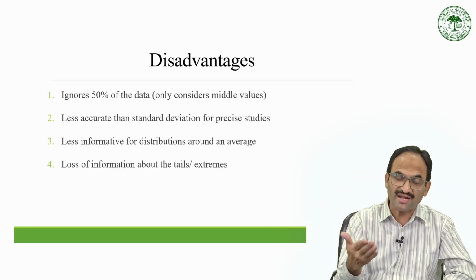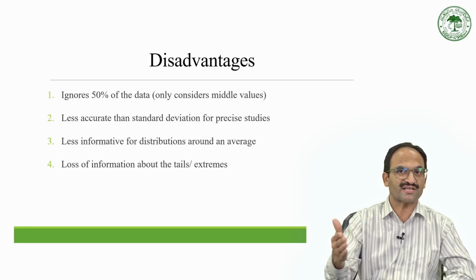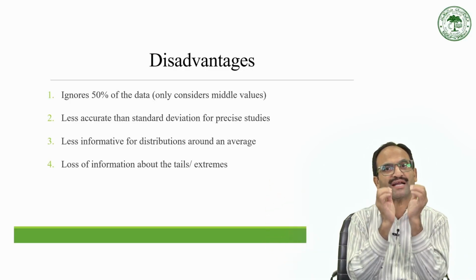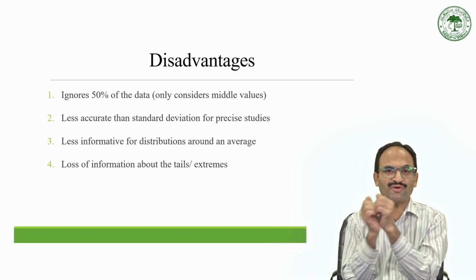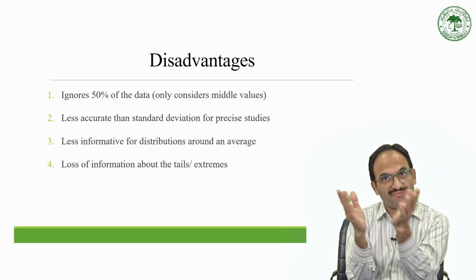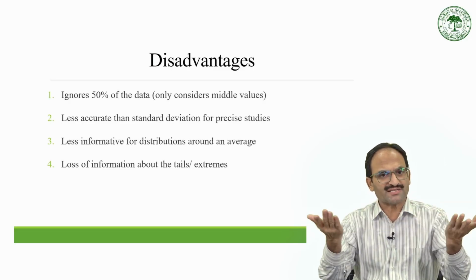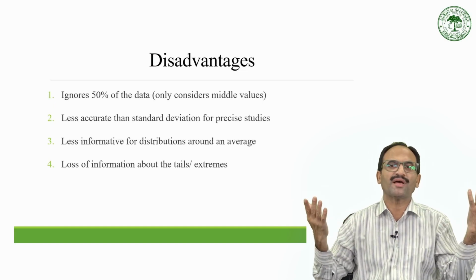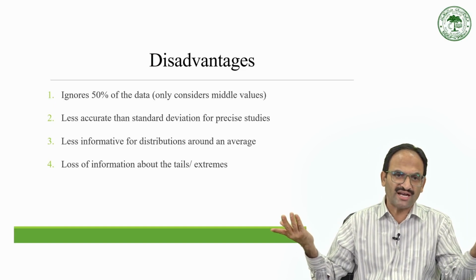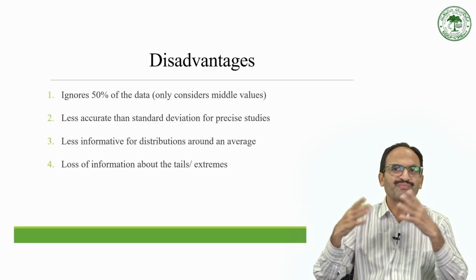What standard deviation is and how we calculate it, we will discuss in the next classes. The moment you compare quartile deviation with standard deviation, you will find that standard deviation is more precise and more suitable for further studies. It is less informative for distribution around an average. This is the third disadvantage. And finally, there might be loss of information about the tails or the extremes.